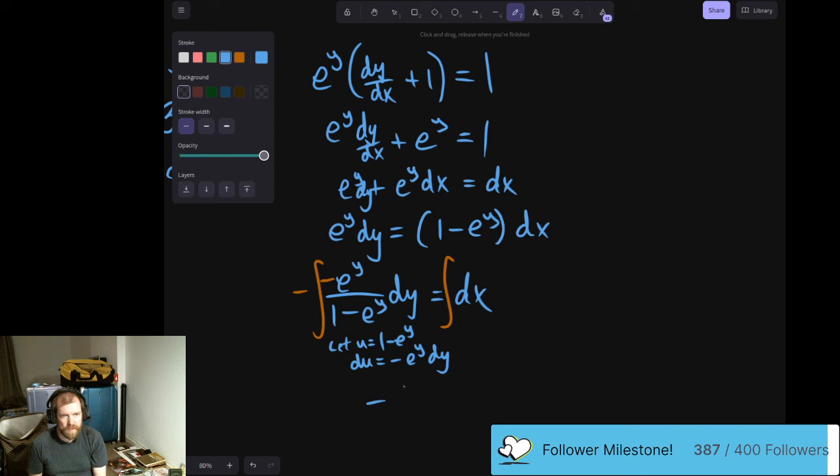So this is a negative integral of du over u. So it's a natural log. Is equal to, this is going to be x plus c.